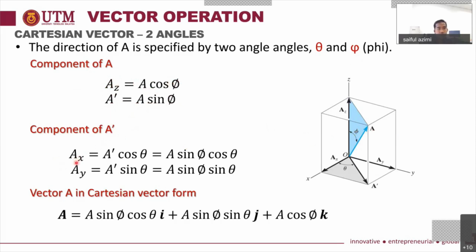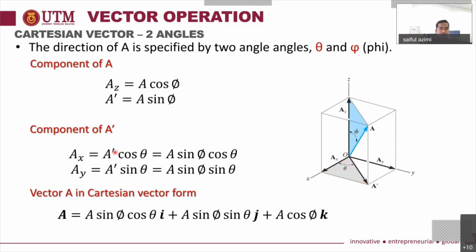Okay, so AX equals A prime cos theta, so you can derive this by using trigonometry. Okay, and also AY equals A prime sine theta. So this is AY. Okay, this is AY, and you can get A prime sine theta. This is theta.